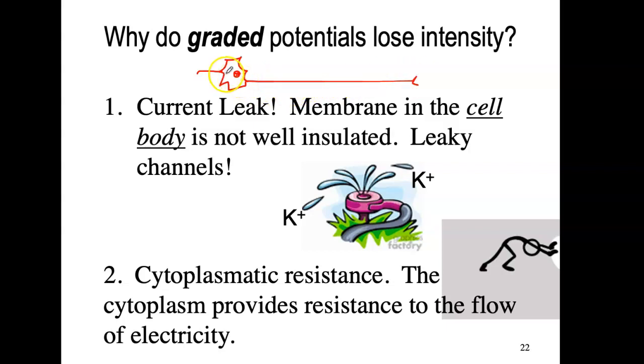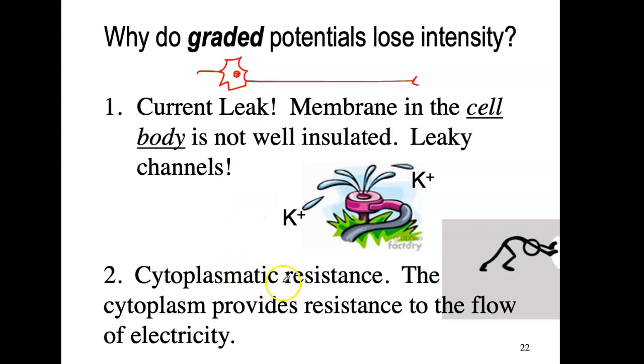Now, however, you could have some leaky area here, because remember, this is not myelinated. This is insulated, and this is not. So if the cell body is not, then you could have some leakage of ions. Just like this leaky hose here, you could have potassium ions leaking out and not allowing that action potential to actually fulfill itself, essentially.